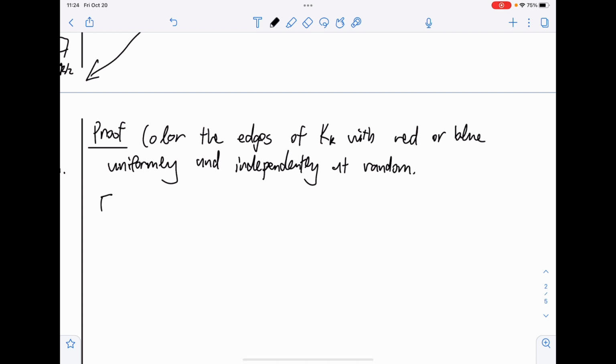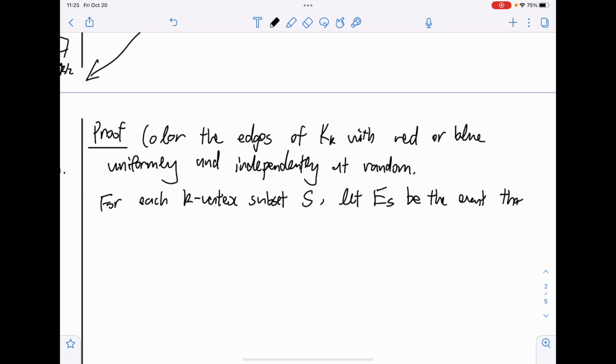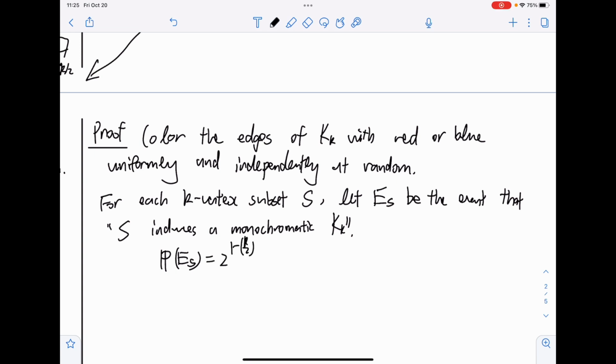And then we can see that for each k-vertex subset, let's say S, we let E sub S be the event that S induces a monochromatic K sub k. So the probability of this event happening is 2 to the power of 1 minus k choose 2. It's the third time we're doing this.